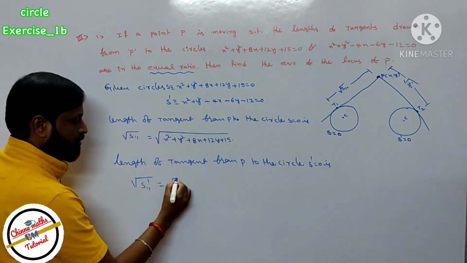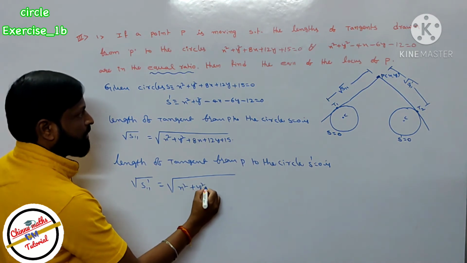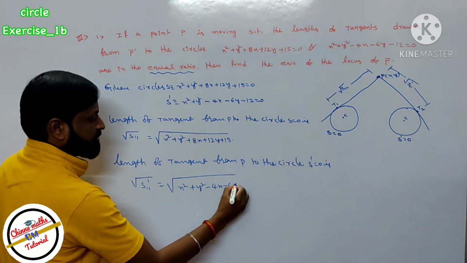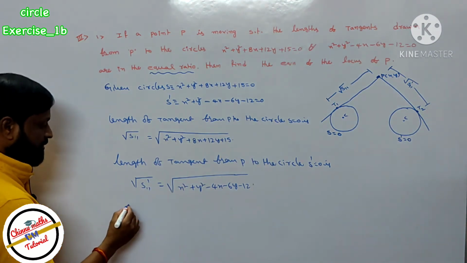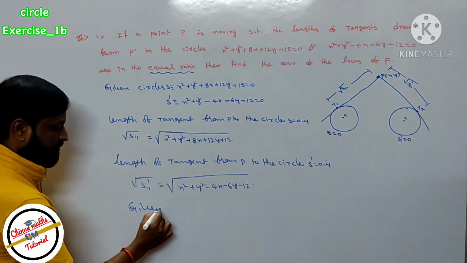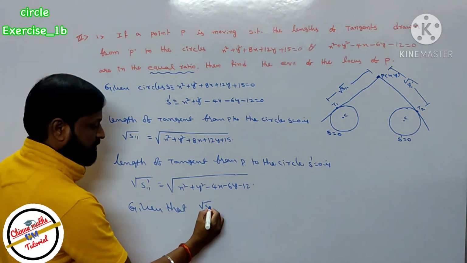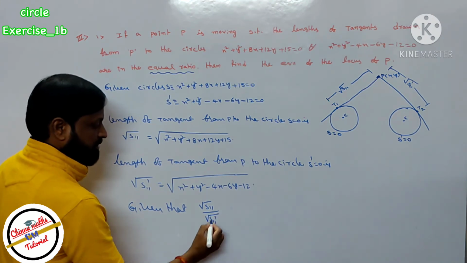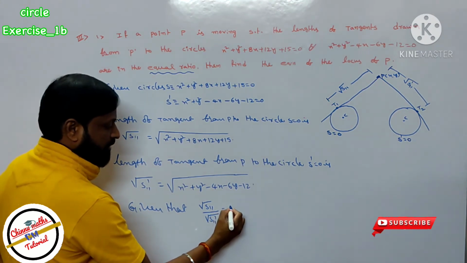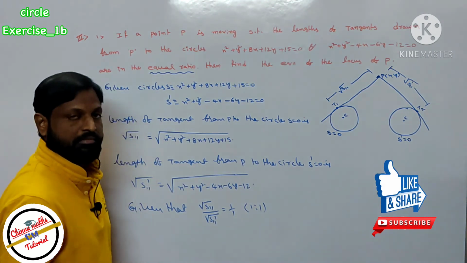It is equal to the root of the second circle equation, x square plus y square minus 4x minus 6y minus 12. Given that, according to the problem, root S11 by root S11 dash is the equal ratio, means 1 by 1, so 1:1 ratio.